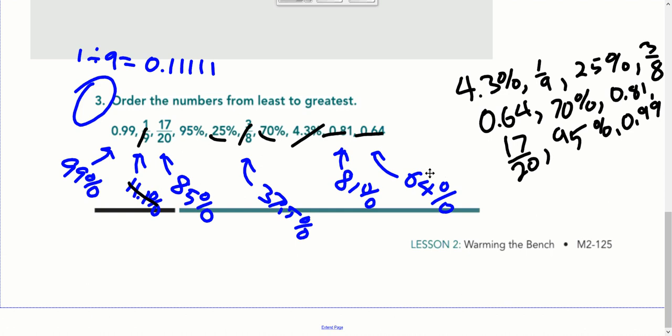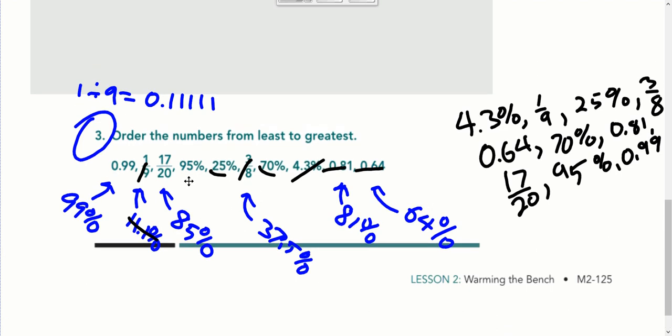So to start, you divide up here where it says 1 divided by 9, which equals 0.1 repeated. And what we did was we moved it up 2 digits, so that it became 11.1%.